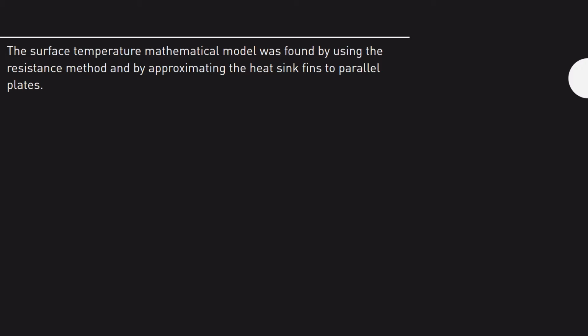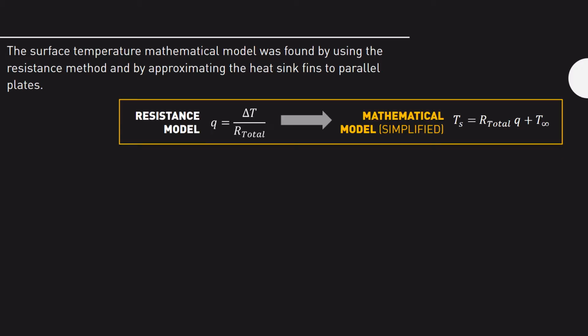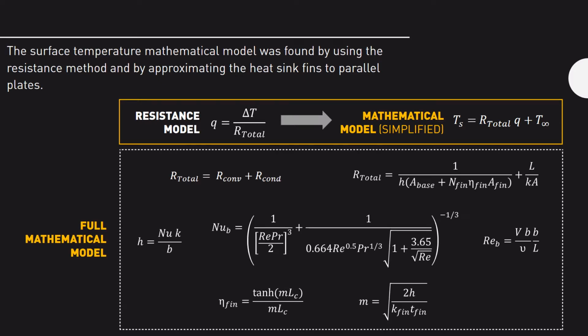For our mathematical model, we used the resistance method and approximated the heatsink fins to parallel plates. So here you can see how we solved for the surface temperature, and it looks pretty simple, but of course we have to include the forced convection in the total resistance, which means we have to solve for a Nusselt number.